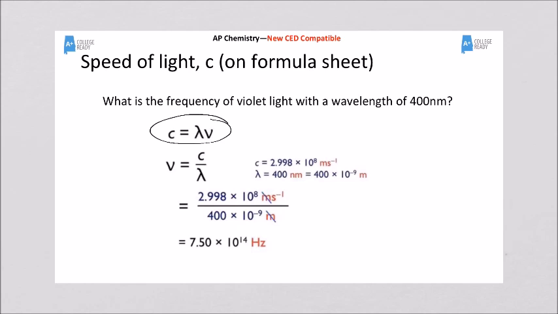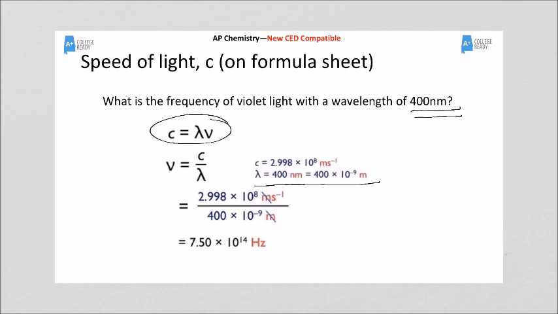Here's the question. What is the frequency of violet light with a wavelength of 400 nanometers? As I said, we can't use nanometers, so we know we're going to have to make that conversion, and you see they've done that right there. Now, C is the speed of light. We know wavelength and frequency. C is given on the formula sheet.